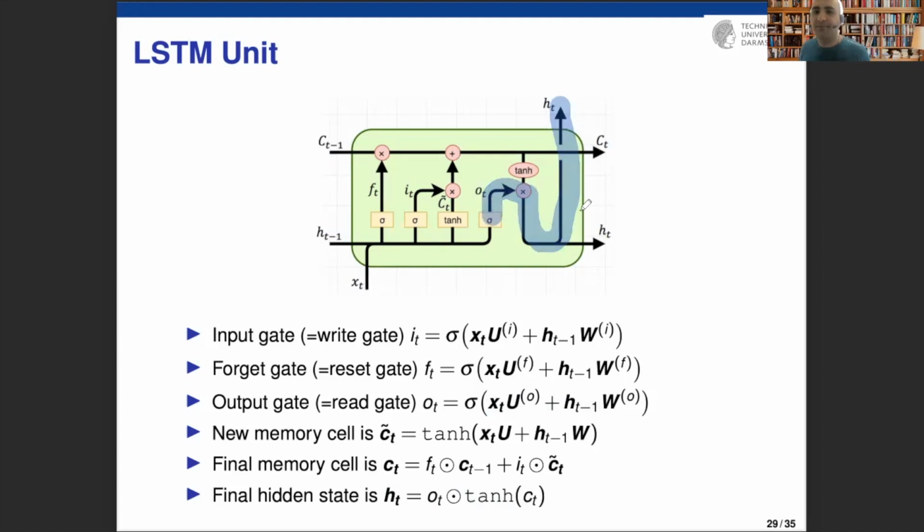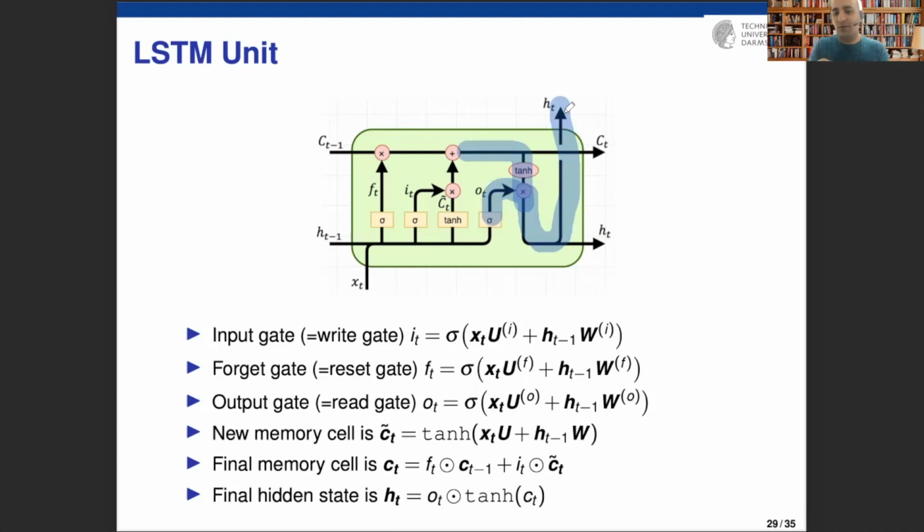Ht is the output gate times the tanh, the tangent hyperbolic, of the context Ct, and then you give it to the Ht. So actually, you are saying that the whole memory could be not useful for representing the current hidden state. More or less, for having Ht at this time step, we may not need the whole content of the memory. That's why we define some output gate.